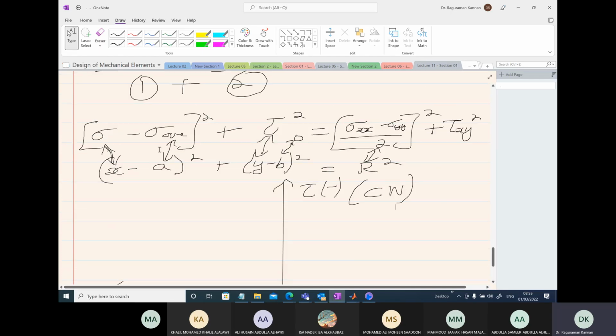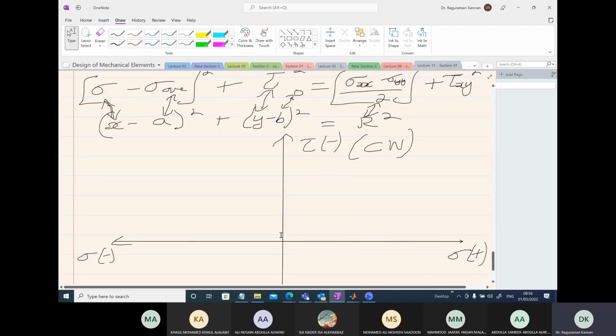So now let's get the center. The center A is equal to sigma average, B equal to 0. B equal to 0 means we are always on the sigma axis for the center. The center will always lie on the sigma axis for the Mohr circle.